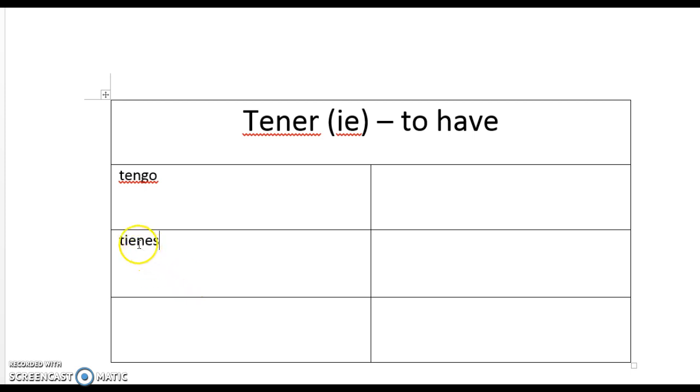So this E is changing to an IE. The usted, él, ella form is tiene. The nosotros form is tenemos. The vosotros form is tenéis. And the ustedes, ellos, ellas form is tienen.